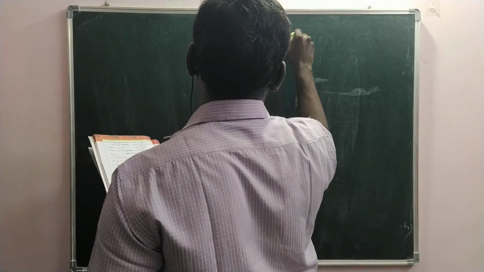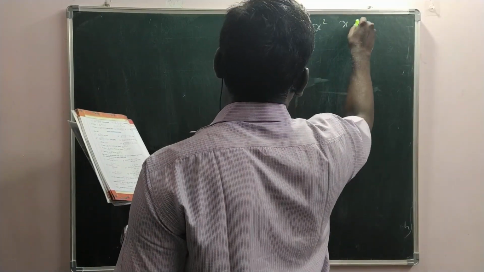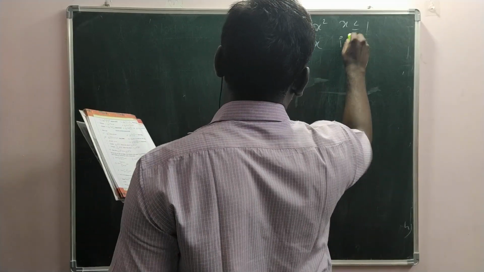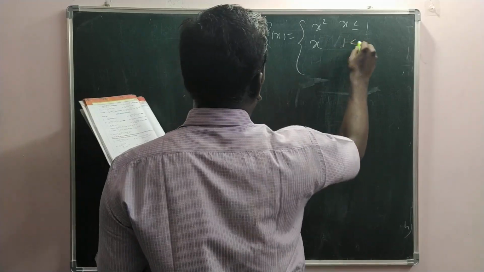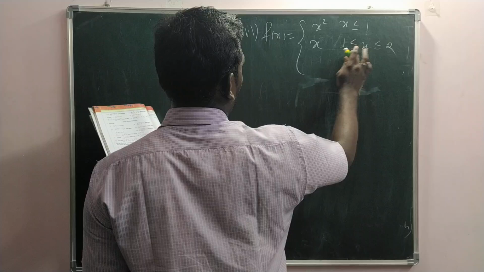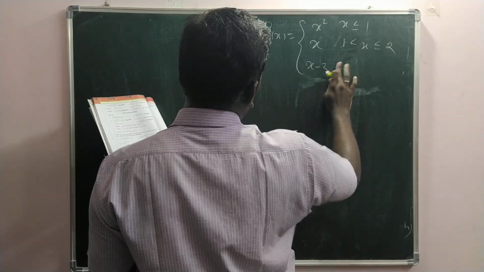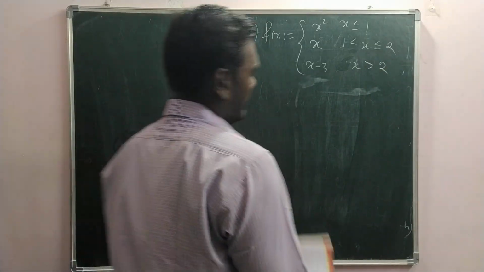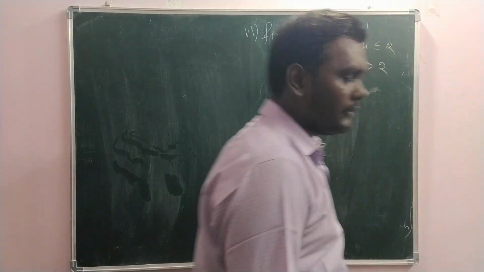Like we got f of x is equal to x square if x is less than or equal to 1, and it is x if 1 is less than or equal to x less than or equal to 2, and it is x minus 3 if x is greater than 2. Yes, perfect. Now the value of a is 2 like they gave, that means at the point 2 we should check.